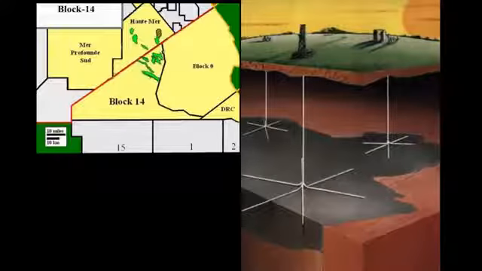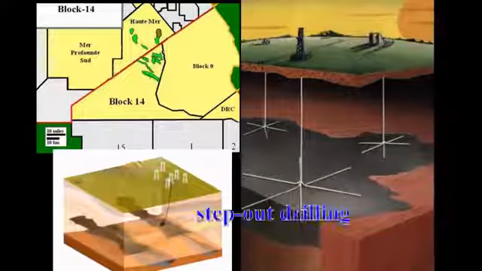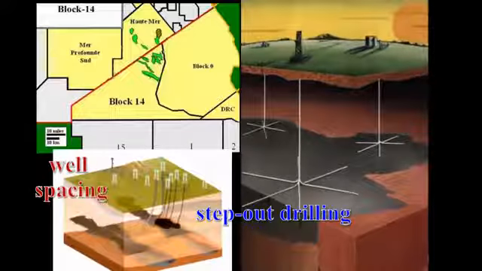It is the data obtained from this test that will help guide the development for this field appraisal and will include a plan for step-out drilling and well spacing. Once the decision is made to go forward, however, this exploration well will become a production well.